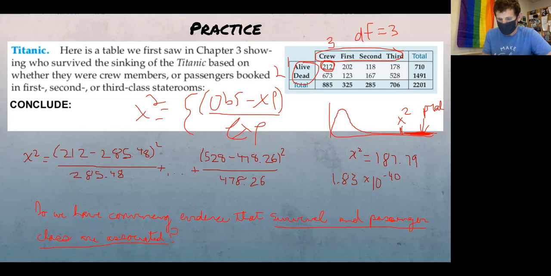It's one sample of 2,201. In this case, technically it's a population, but let's say it's a sample. There's one sample of 2,201 people, but they're differentiated according to two variables: what class they were in and whether they survived or died.